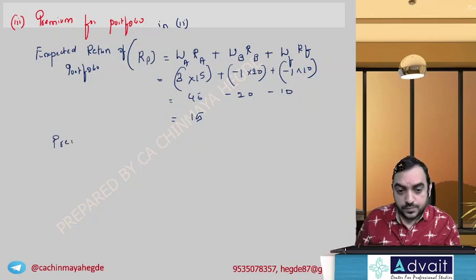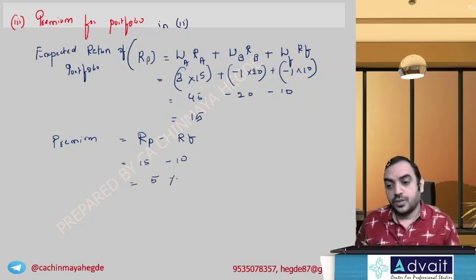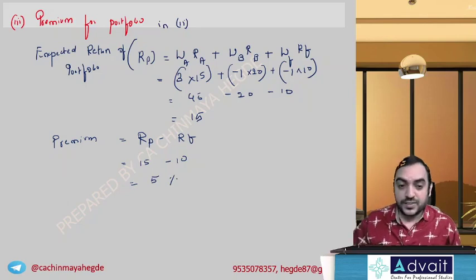Premium is the portfolio return minus the risk-free rate. Portfolio return is 15, the risk-free rate is 10, so the premium is 5%. Over and above the risk-free rate, 5%.